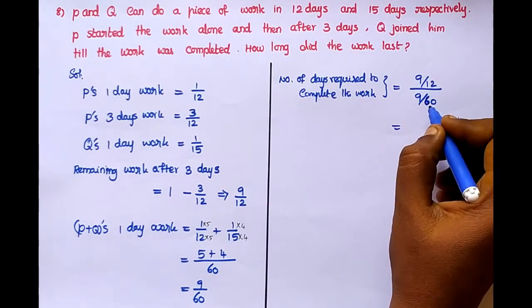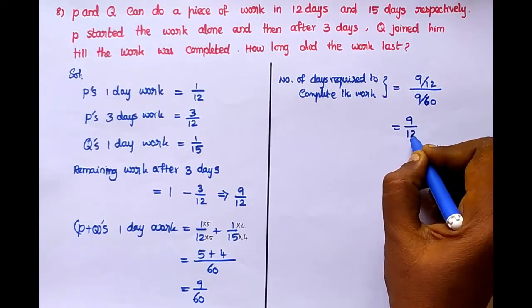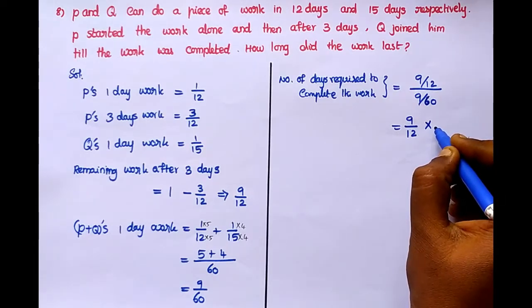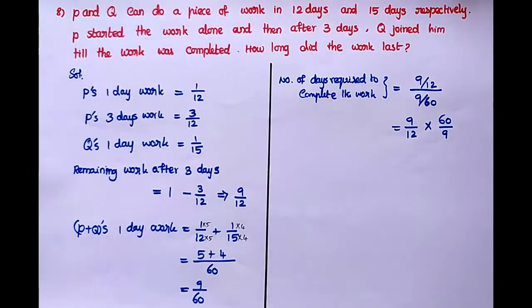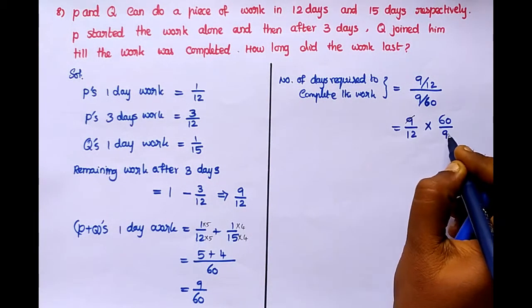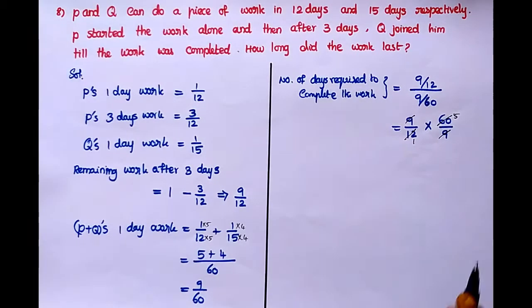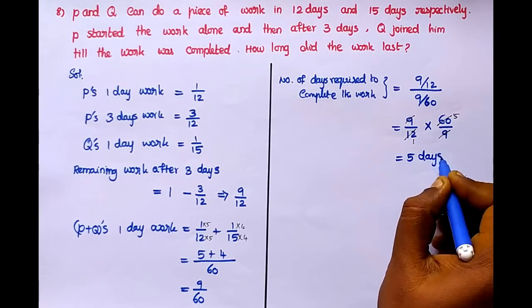When numerator and denominator are fractions, how will you write that? Write down the first fraction as it is and take the reciprocal for the second fraction, that means 60 by 9. Now 9 cancelled, and 1 12 is 12, 5 12s are 60. So 5 days.